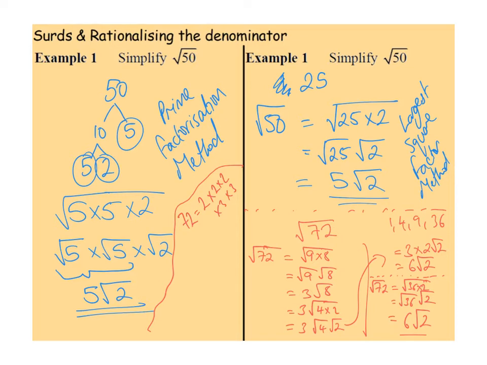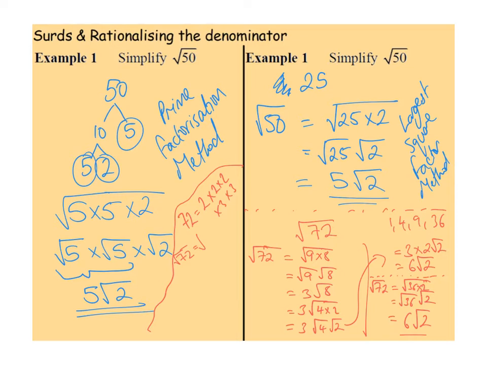So with the prime factorisation method, I'd have been saying that the square root of 72 is the square root of... Now, I'm going to look at this and look for pairs, because square roots are useful if you can find a pair to go with it, because you know that when you multiply it by itself, you'll be back to the original number, because effectively then you're squaring a square root, which are inverse operations.